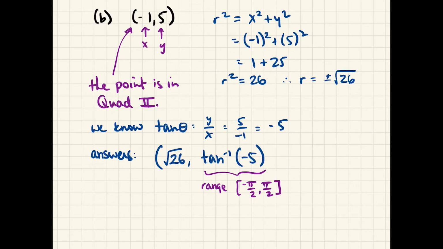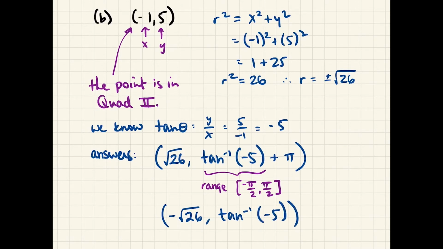But we actually need a second quadrant angle because we chose a positive r value. So we need to add pi to our inverse tan of -5. So there's one answer. If you want to avoid that, you can choose a negative r value, and now we have to go with a fourth quadrant angle, which is naturally generated by inverse tangent of -5. Those are two perfectly good answers.